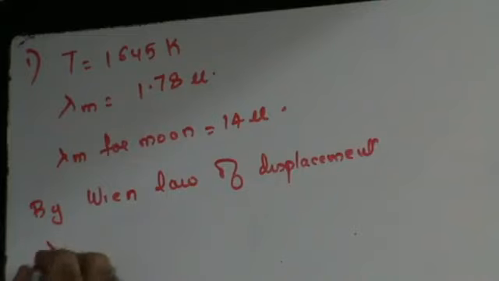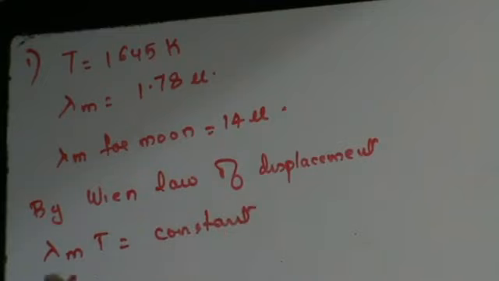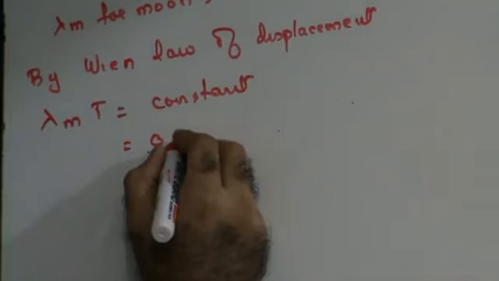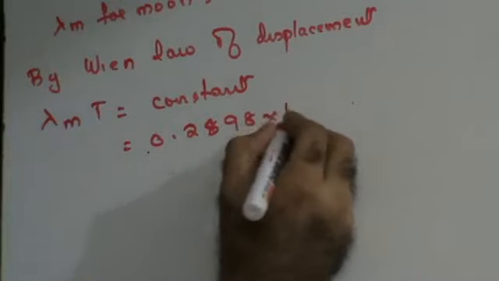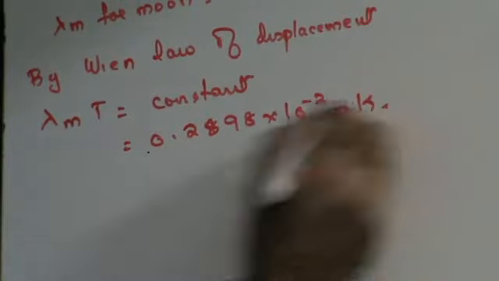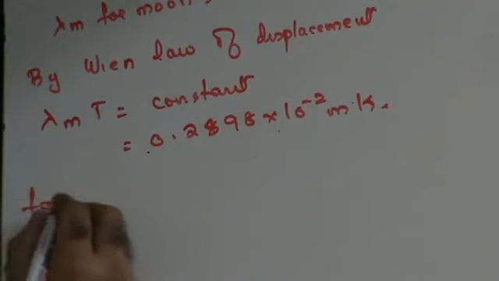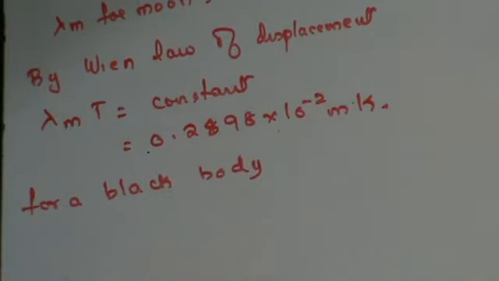By Wien's law of displacement, I can say that lambda m into T should be constant, in which case the constant value is 0.292898 into 10 raised to minus 2 meter Kelvin. Now, for a black body, here they've given you the temperature and the wavelength of the black body.